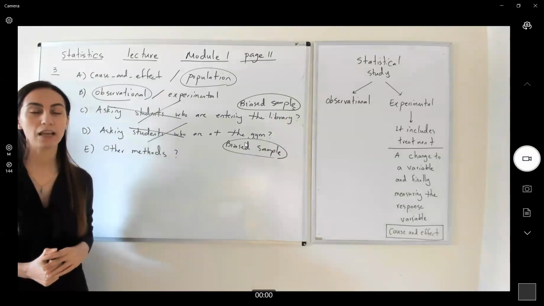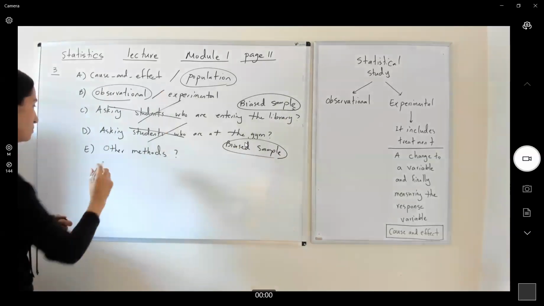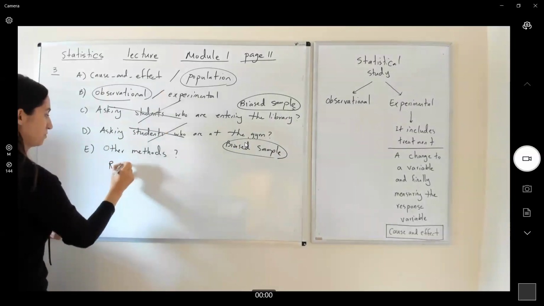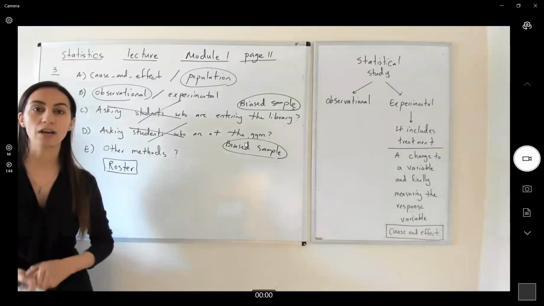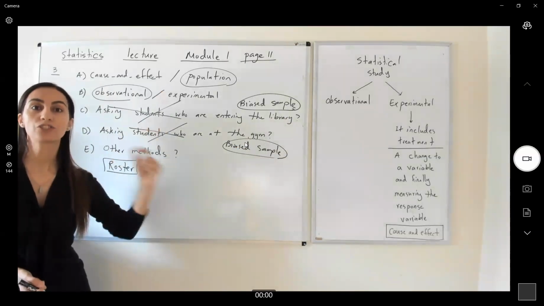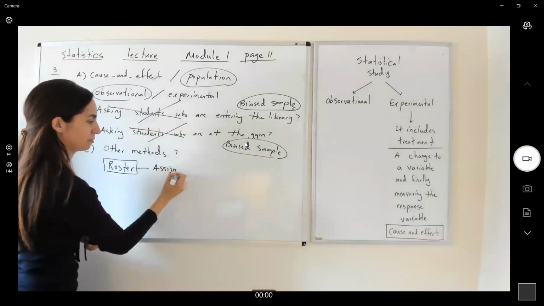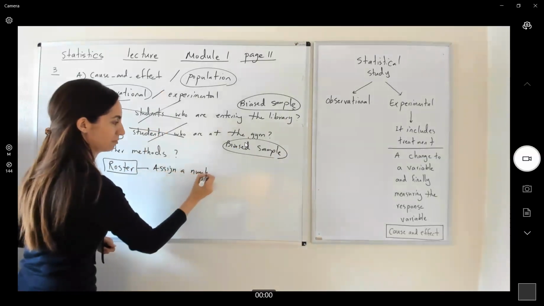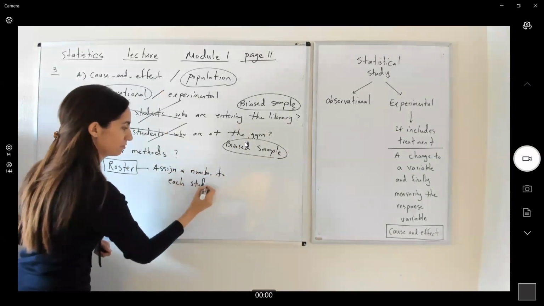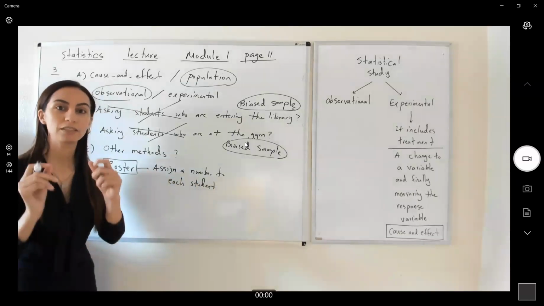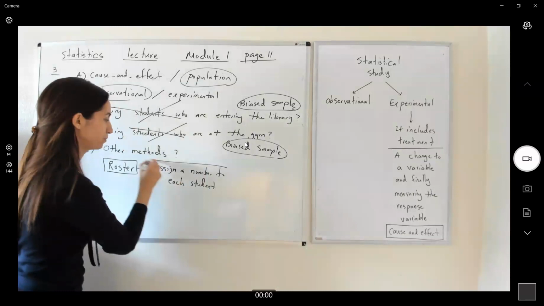One method is to ask for a roster and assign a number to each student. So give an equal chance to everyone in the college.